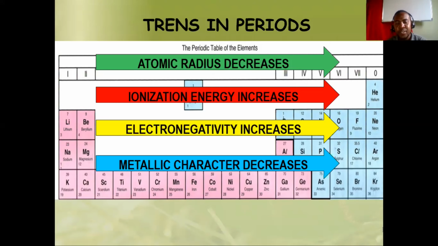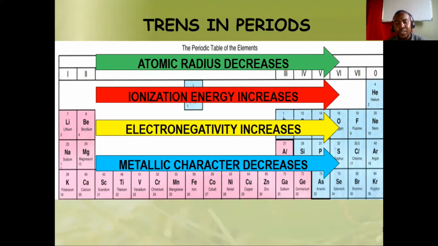Previously we had just 1, 2, and then we skipped the transition elements and went 3, 4, 5, 6 to 8, right? But now they start from 1, 2, and continue across until you get 18. So that's something to note, especially if you're going to do chemistry at university level. Transition elements will have their groups as well. So because titanium is 2 away from calcium, it would be in group 4 in that case. But not for CXC as yet because they haven't revised that aspect of the syllabus.